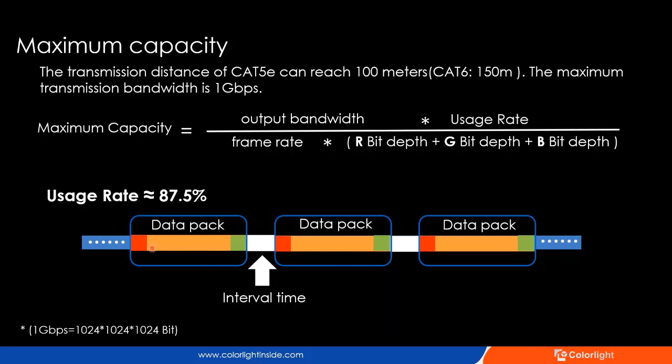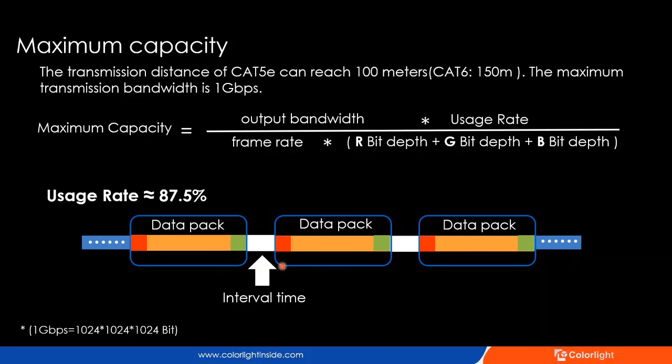The red part is the head of a packet. It will tell the receiving card that the data is ready to be received. The orange part is the data. The green part is the end of the packet. When the receiving card recognizes this part, it will start receiving data.